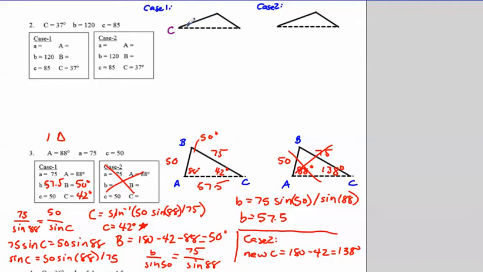So this is where I drew angle C, 37 degrees. And I usually just draw that angle in the bottom left corner, just makes things fall into place for me. And then opposite of that angle would be side C, which is 85.